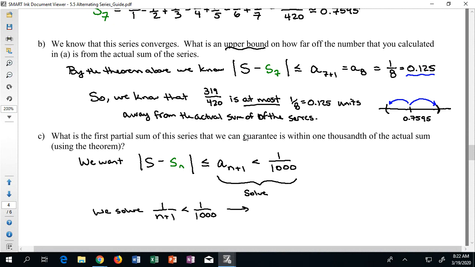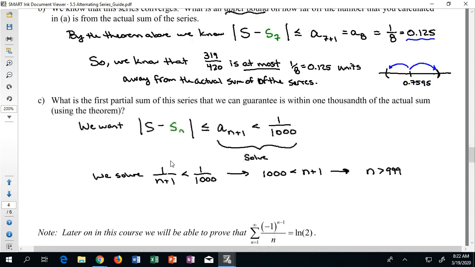And if I think about when that happens, if I multiply 1,000 to both sides and n plus 1 to both sides, I can see that I need n to be greater than 999. Okay, so this seems fantastic. If n is greater than 999, then I'll get all of this to be within 1/1000th.